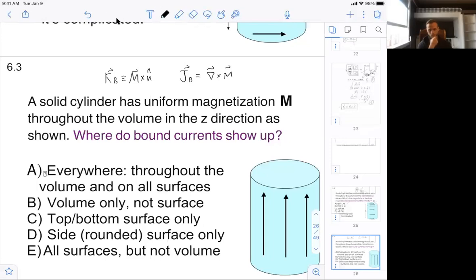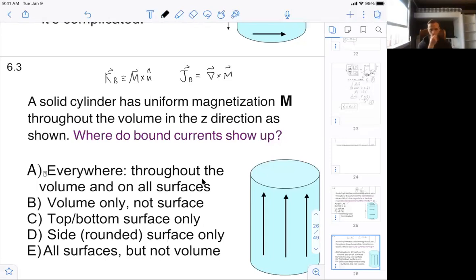All right, 10 more seconds. All right, let's take a look at this together. Where do the bound currents show up? There could be two kinds of bound currents, volume bound current or surface current.